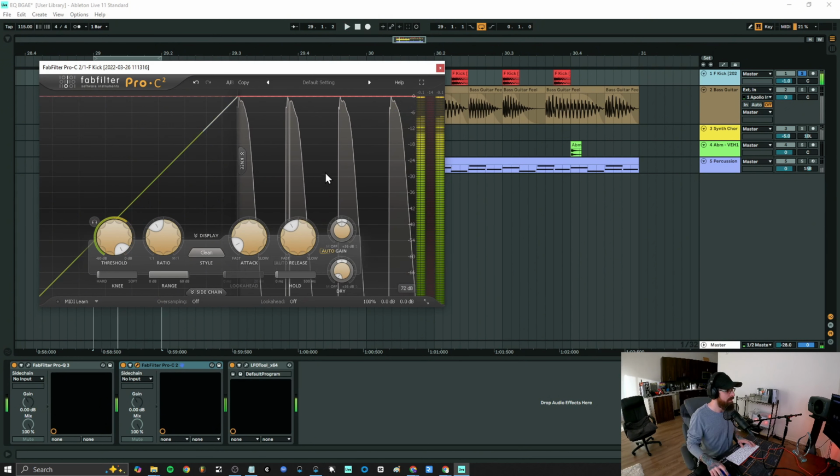So what our threshold does is it's a question of at what point do I want my compressor to start working? Well, if we go to -14 dB, we can see that it sets it at -14. We now have a line here. So let's play our kick drum and see what happens.